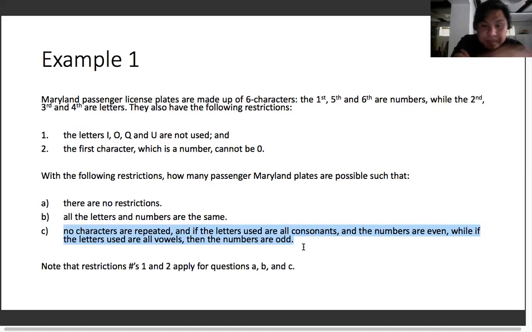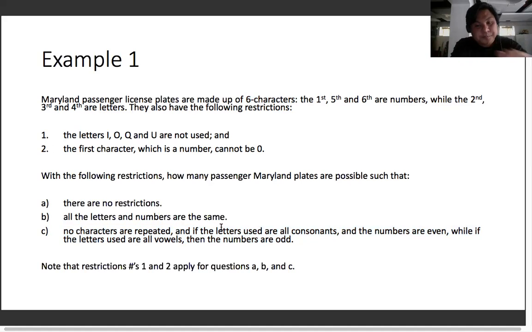Also the letters used and the numbers used have a particular combination. The first one is it will be consonants and even, and the other one would be vowels and odd.